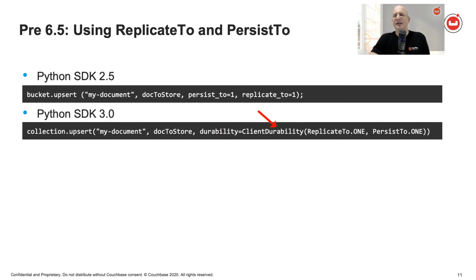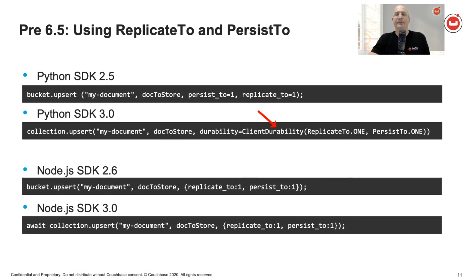We will later see the new durability modes of Couchbase 6.5 or higher, which are considered server durability modes and not client durability modes, as you can see here. The last example is of Node.js SDK, and both SDKs 2.6 and 3.0 support the replicate2 and persist2 options.